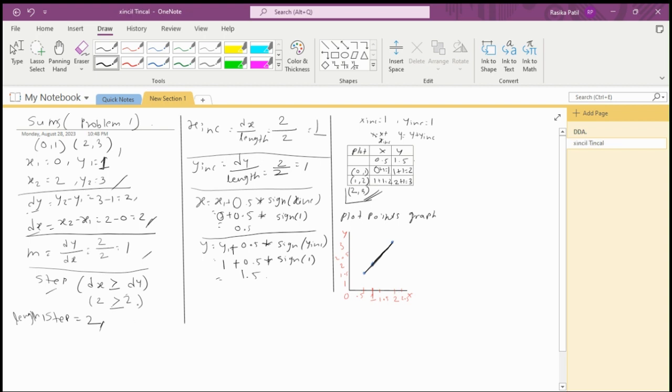Then we'll calculate our length, where delta x is greater than or equal to dy, then our length is equal to dx. Then we'll calculate the length, x increment and y increment, and then we will plot our points to the graph. So this comes for 4 marks.